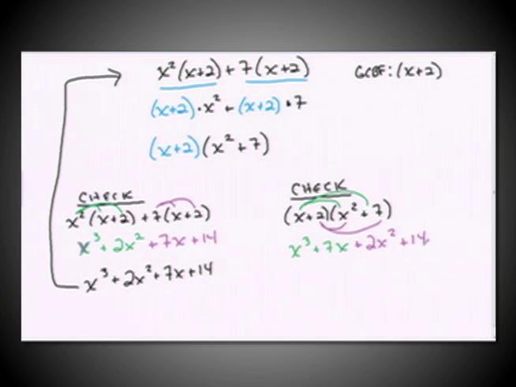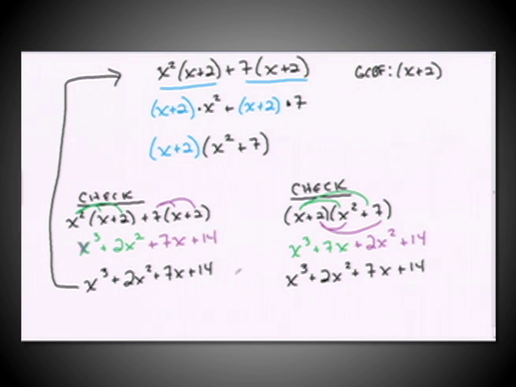Once again, we have no like terms to combine here. So we should just end up by writing this polynomial in standard form, which means we'll have the exponents in descending order. So our highest exponent is a 3, so we'll start with x cubed. And then we move to the 2, which is positive 2x squared plus 7x plus 14.